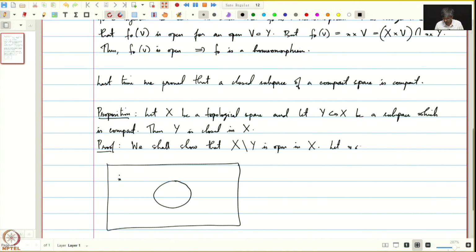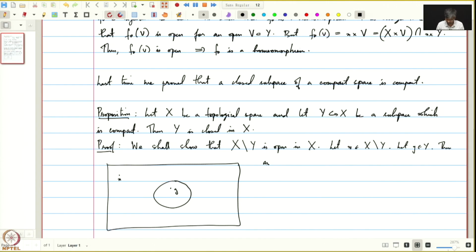So let x be in X minus Y. It's a point outside Y. So we need to show that there's a small open set around x which does not meet Y. Right. So we choose any y in Y. Right. So let's say this is y.